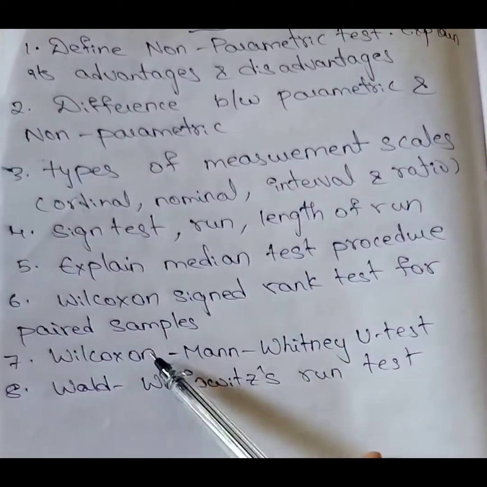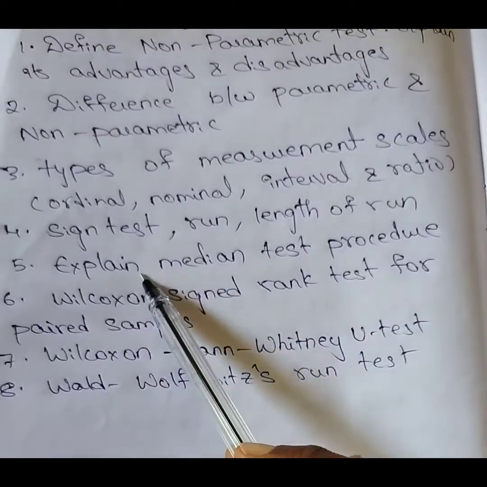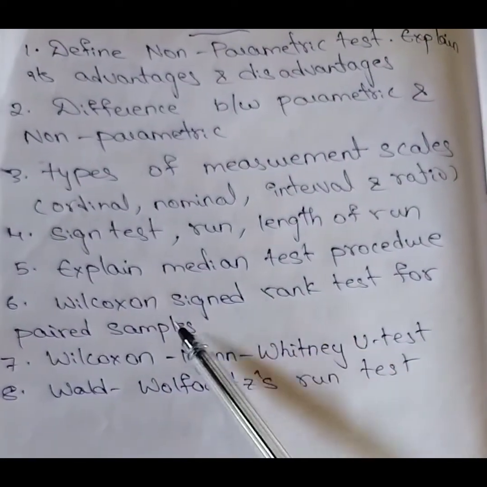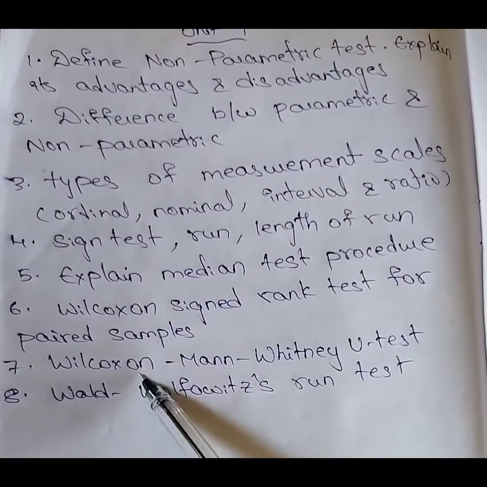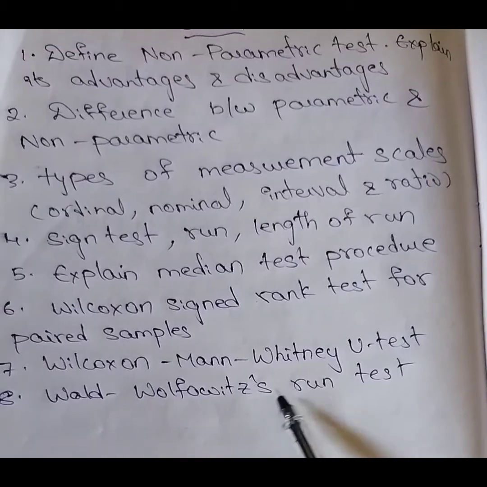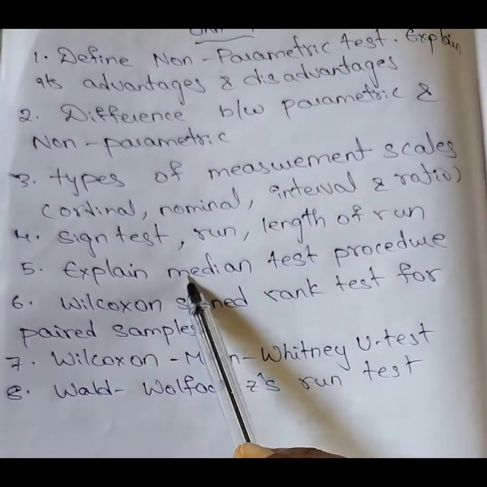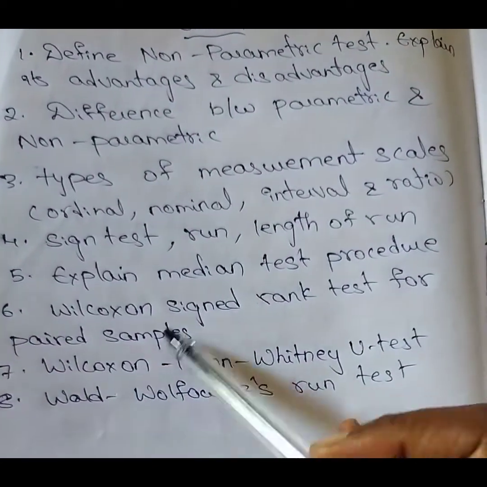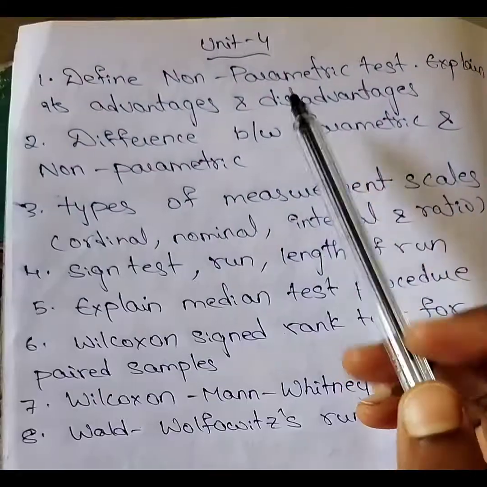Next, 5, 6, 7, 8 come under long answer. Explain median test procedure, Wilcoxon signed rank test for paired samples, Wilcoxon Mann-Whitney U-test, Wald-Wolfowitz run test. From these 4 questions, 5, 6, 7, 8, you can expect one long answer for sure.